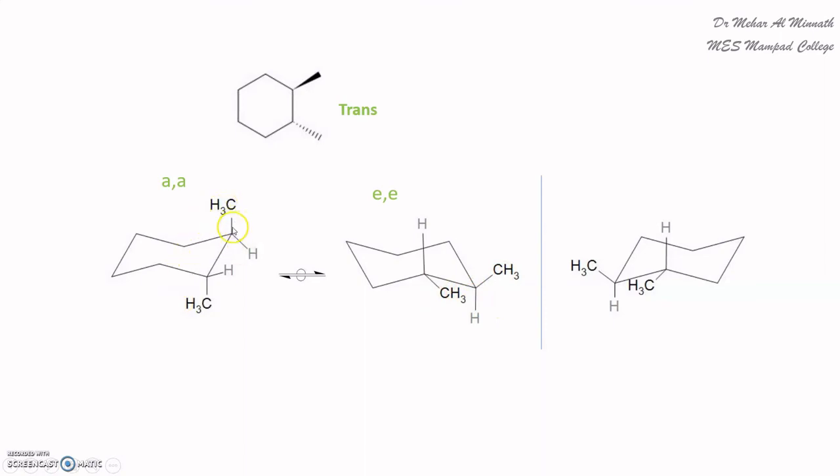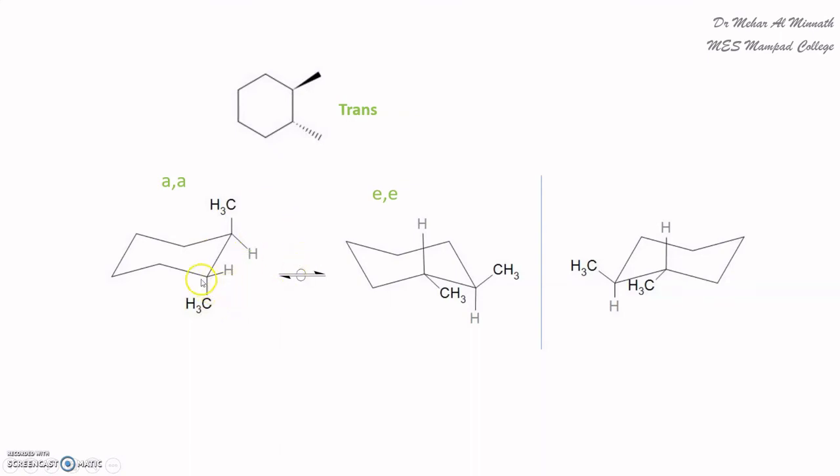And in AA, since both the substituents are in the axial orientation, there will be 1,3 diaxial interaction above the plane and 1,3 diaxial interaction below the plane. So altogether there will be 4 1,3 diaxial interactions, and that will increase the energy of this molecule.